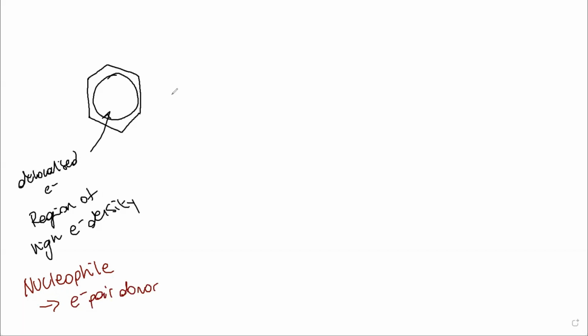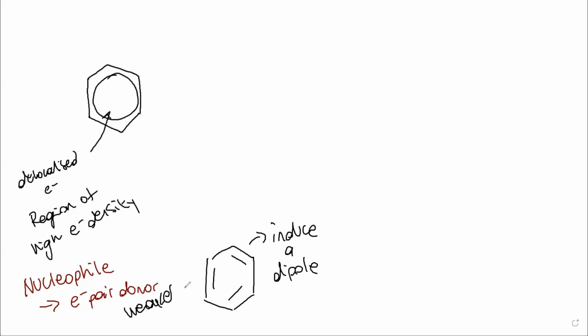Of course, the reactivity is lower compared to, as I said before, the localized double bonds, because those are able to induce a dipole. But this can't. So it's actually weaker than this, because the localized double bonds are able to induce a dipole, while benzene really can't.